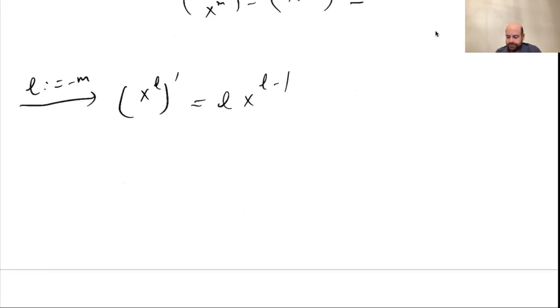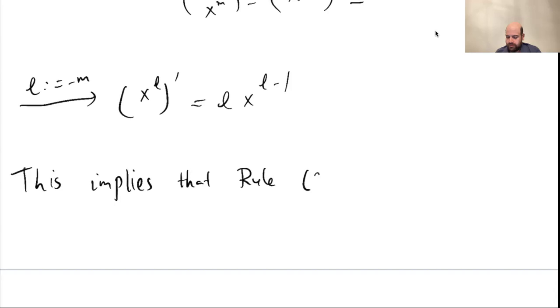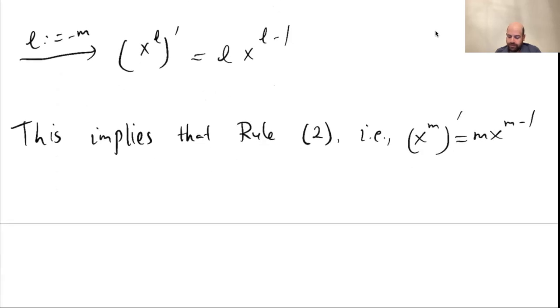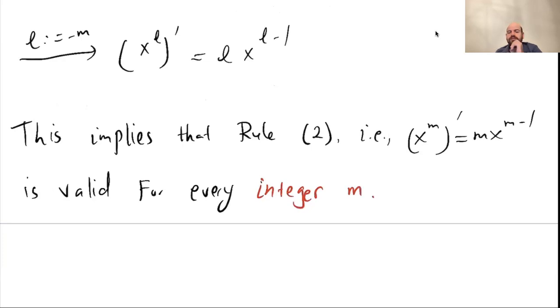So this implies that rule number 2, i.e. the derivative of x to the power m equals m x to the power m minus 1, is valid for every integer m, because first we showed it for natural numbers.